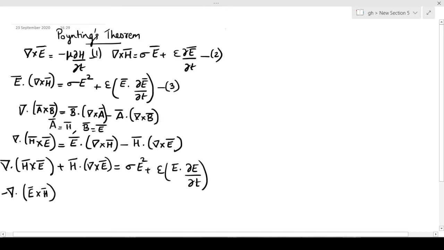So negative of del dot (E cross H) plus, this curl E is minus mu ∂H/∂t, so it is minus mu into vector H dot ∂H/∂t. So what you did here, curl E, from equation 1, you substituted as minus mu ∂H/∂t. So it became minus mu H dot ∂H/∂t. That is equal to the rest of it: sigma E square plus epsilon E dot ∂E/∂t.